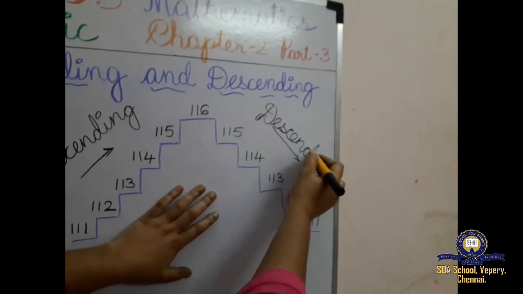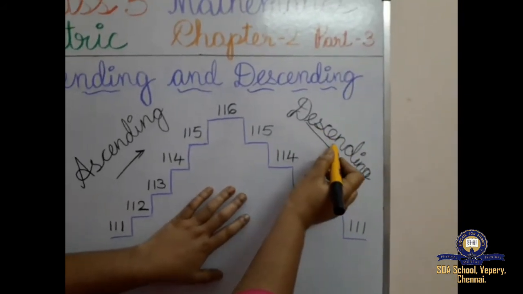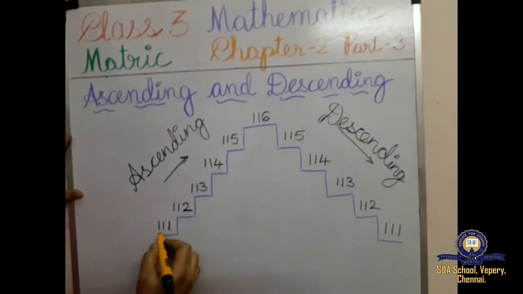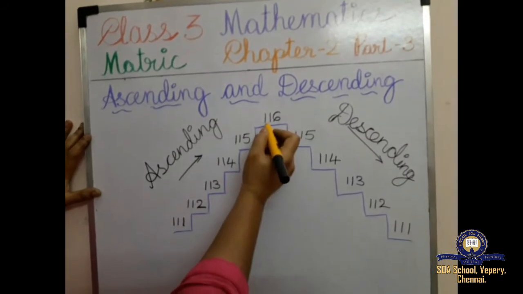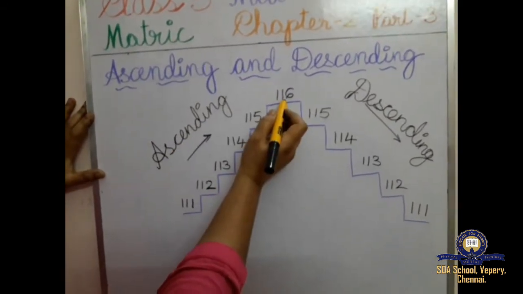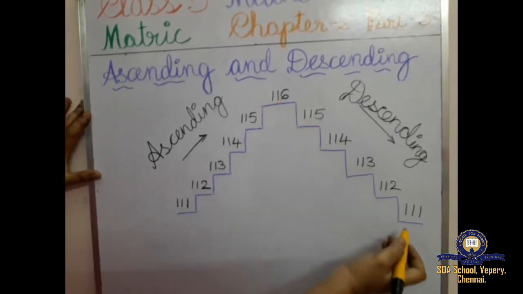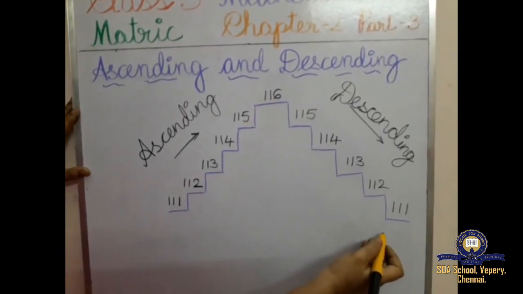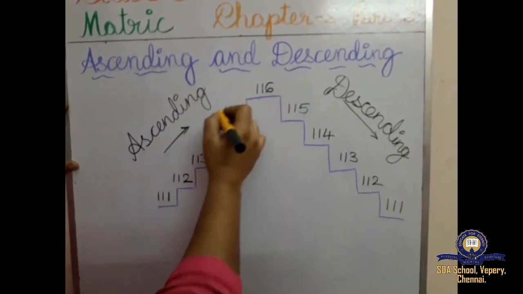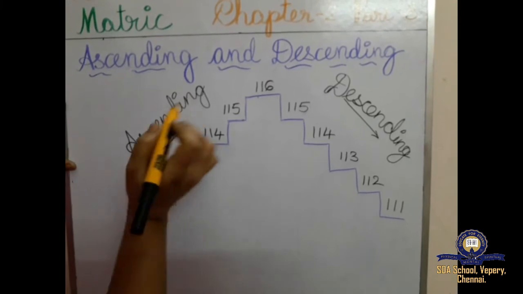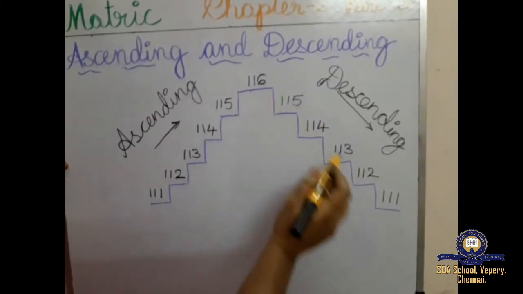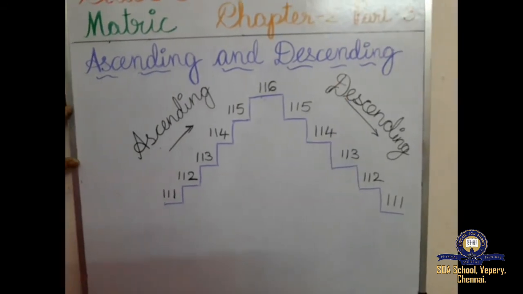Descending, D-E-S-C-E-N-D-I-N-G. So ascending means from smaller number to greater number going upwards. From greater number to smaller number coming down is called descending order.